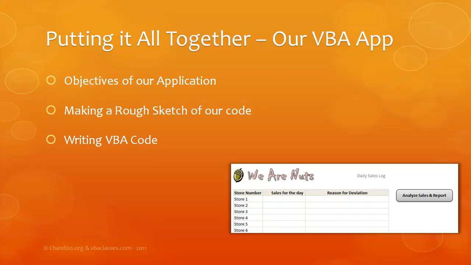We have seen in lesson 2, the loops, conditions and variables lesson, a simple VBA application where we are able to press a button and capture the store sales for 24 different stores. Alongside, if a store has low sales or high sales, we are able to capture the reason for the deviation as well.